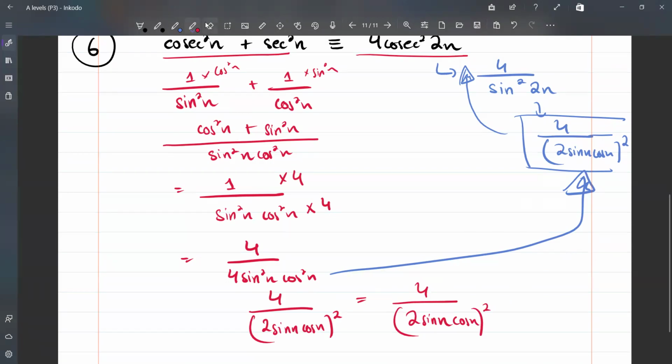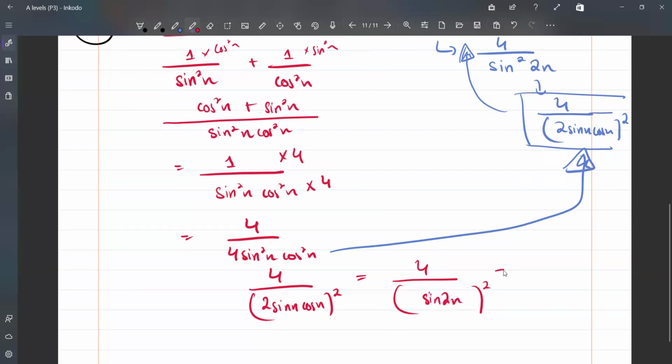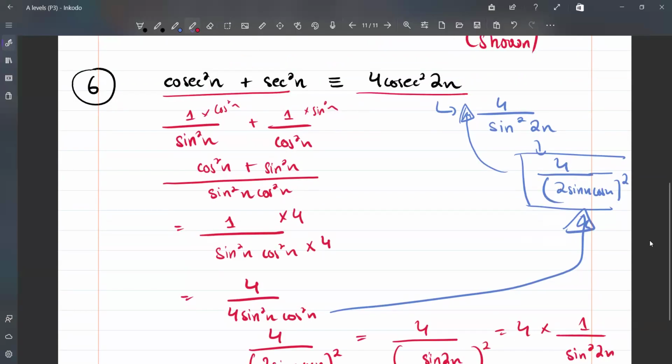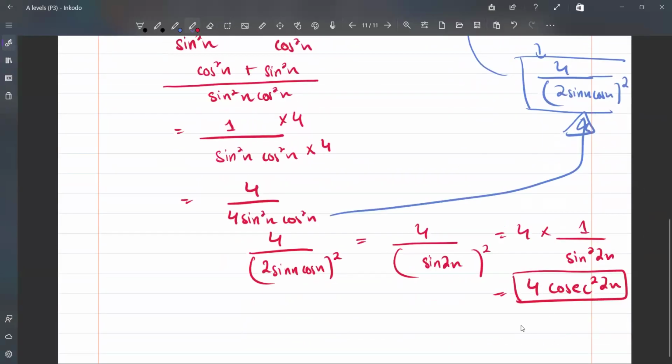And which is here equal to sine square 2x, and that 4 into 1 upon sine square 2x is equal to 4 cosec square 2x, and that is exactly what we needed to prove.